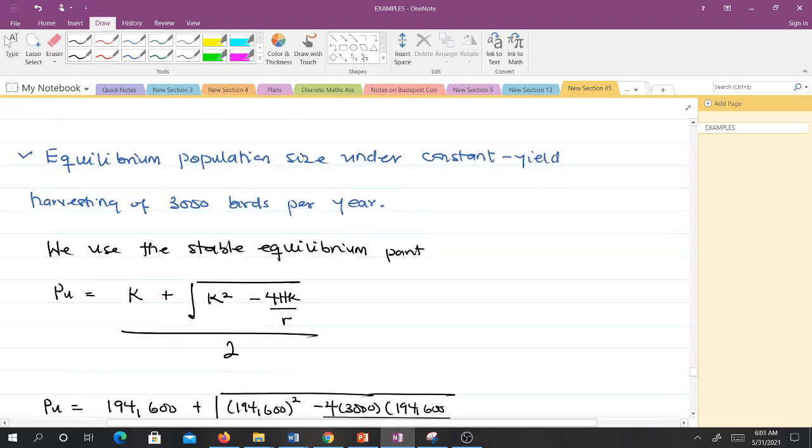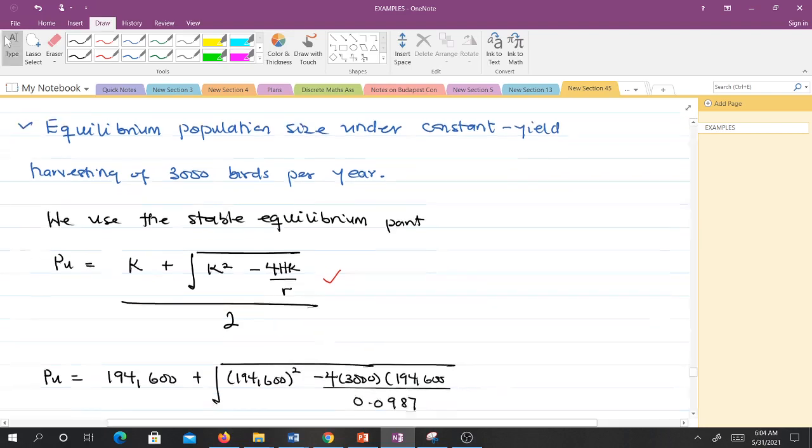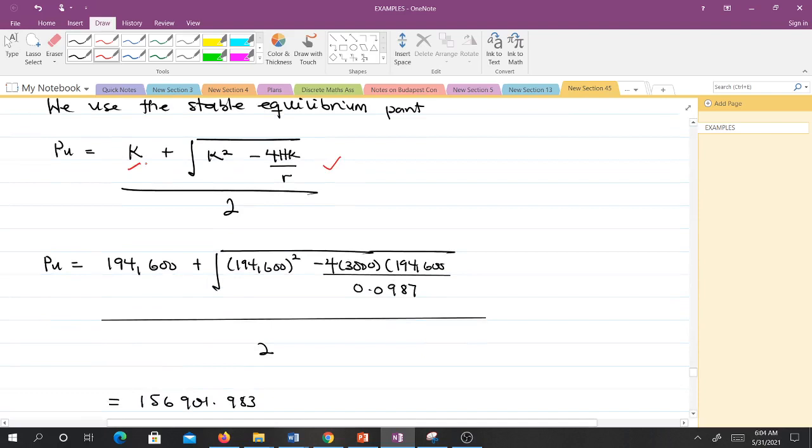The B part says to find the equilibrium population size with a constant yield harvesting of 3,000 birds per year. Before that we found the two fixed points for the constant yield harvesting, and we said that this was the one which was stable, asymptotically stable. So we use this formula to find the equilibrium population size. We know what our carrying capacity is.